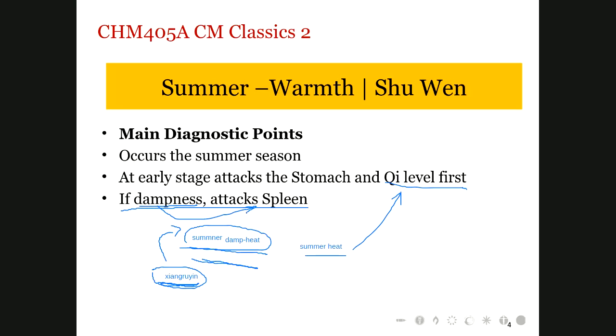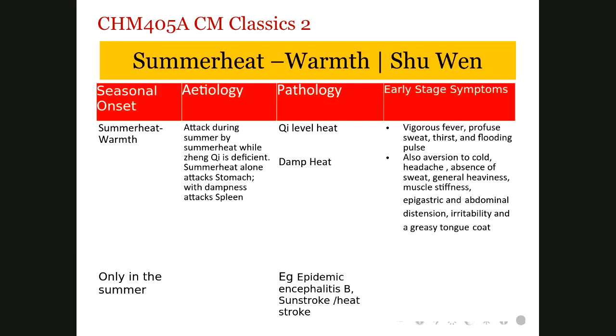It is very easy to get confused as well. And also in these slides, they miss this very important information here. Now, here is a very good summary about the season-related conditions: summer heat, etiologies, pathologies, and early stage syndromes. So summer heat is a commonly related cause of summer heat worms.